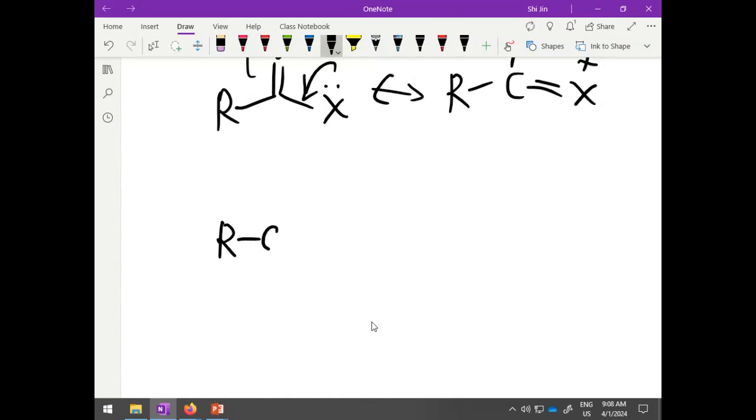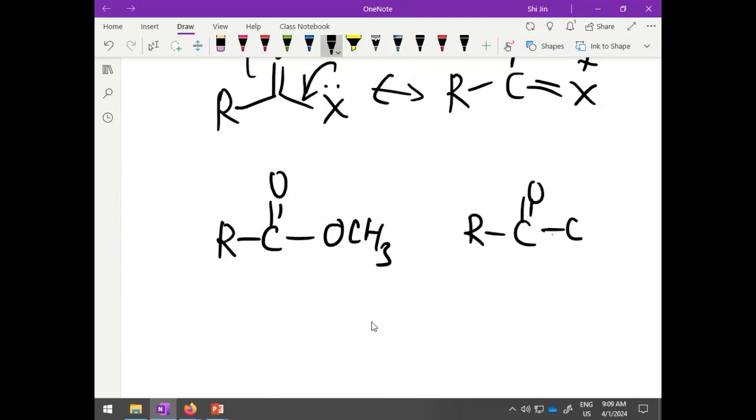Now let me ask you, if I have these two esters, both are esters, which one will have a more stable carbonyl? The left side one or the right side one?